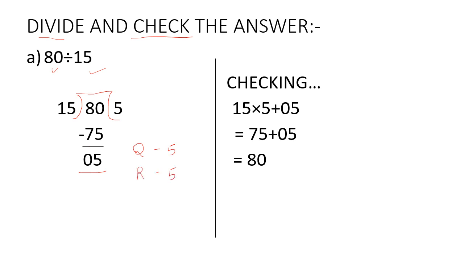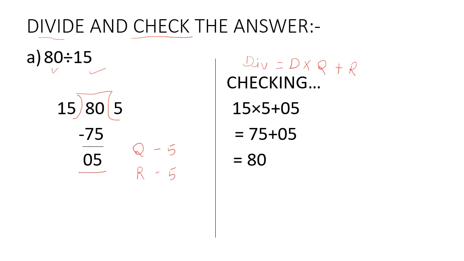Now you have to check your answer whether it is correct or not. So for checking, children, dividend is equal to divisor multiplied by quotient plus remainder. Now in this question, our dividend is 80.